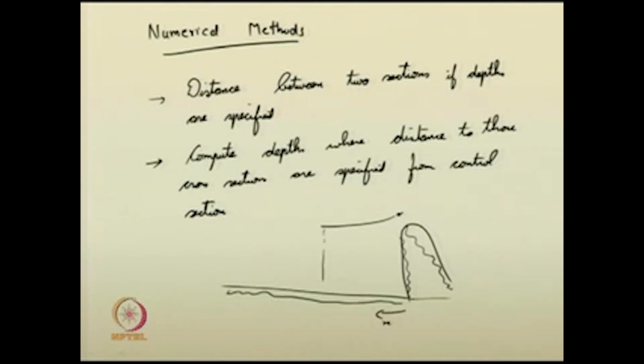At this location, what is the depth of water y, that can be obtained as per the second statement. Or from this control section, if you are given a certain depth y1, what is the corresponding distance x, that can also be identified. So, one can easily use the numerical methods.